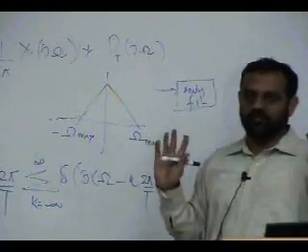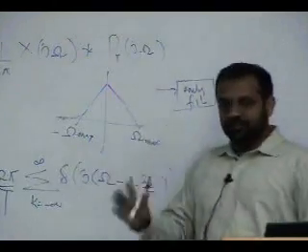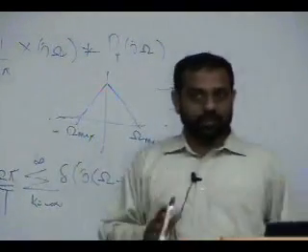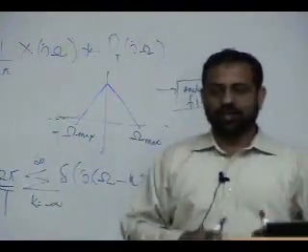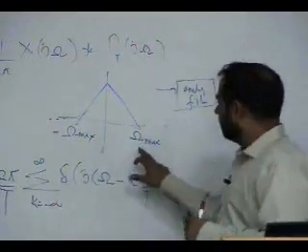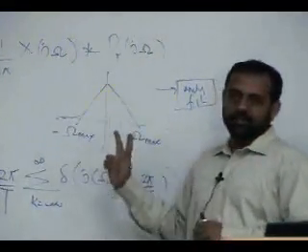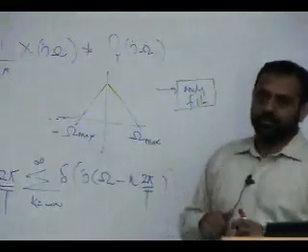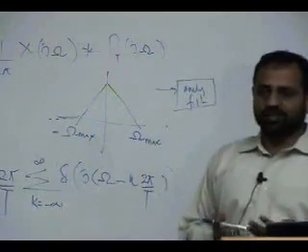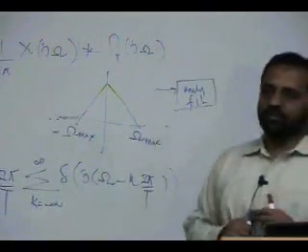Sampling will not be perfect if you don't clean your spectrum. That's the reason that with every A to D converter, if it is not already there, you have to place an analog filter to clean the spectrum. Make sure that you have only this. You may put some guard band here and here, but this is a must, because otherwise the spectrum is never clean. So you need to make sure the spectrum is clean, and then you pass it through an A to D converter.